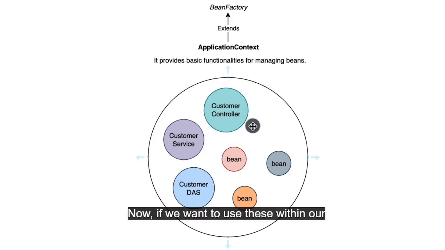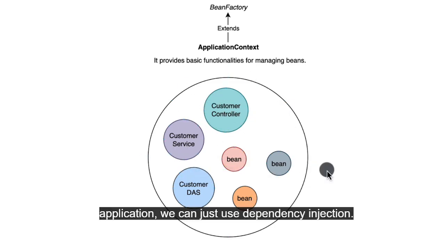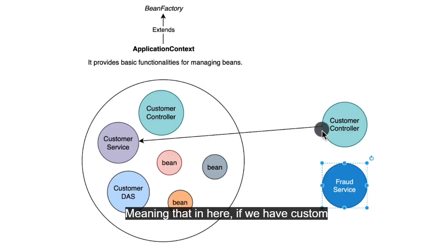Now, if we want to use these within our application, we can just use dependency injection, meaning that if customer controller needs customer service, we can just inject it into its constructor, as you saw before.